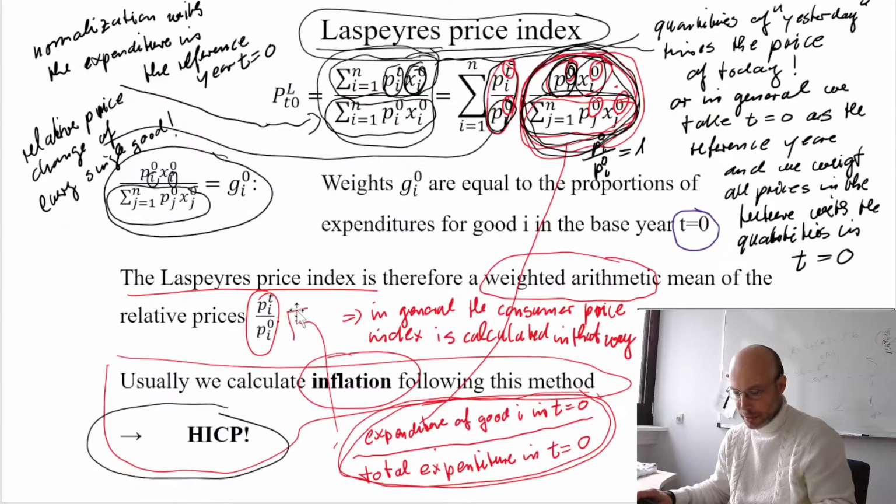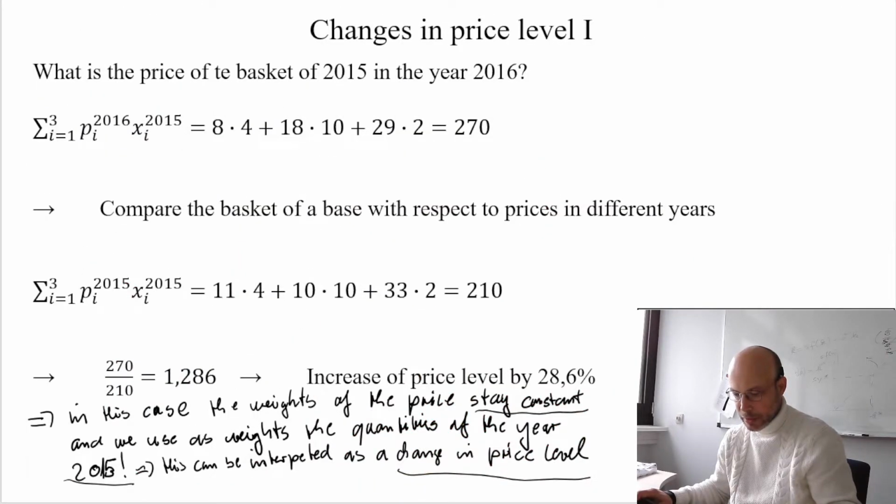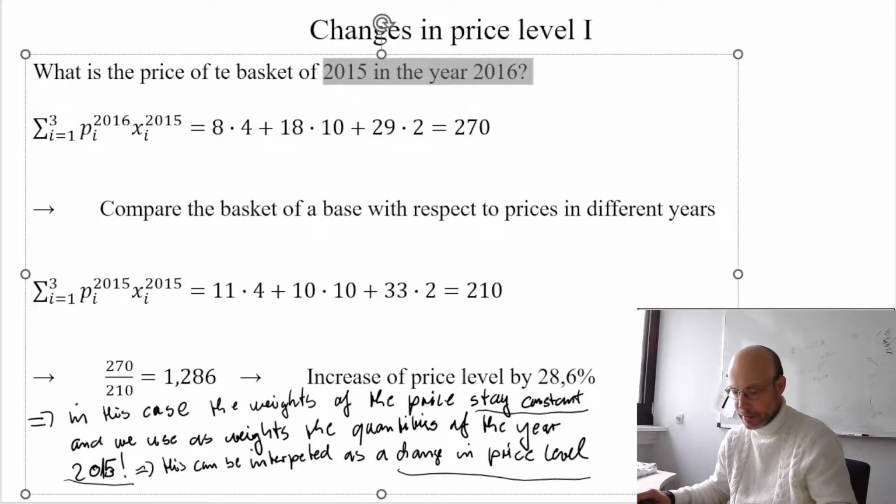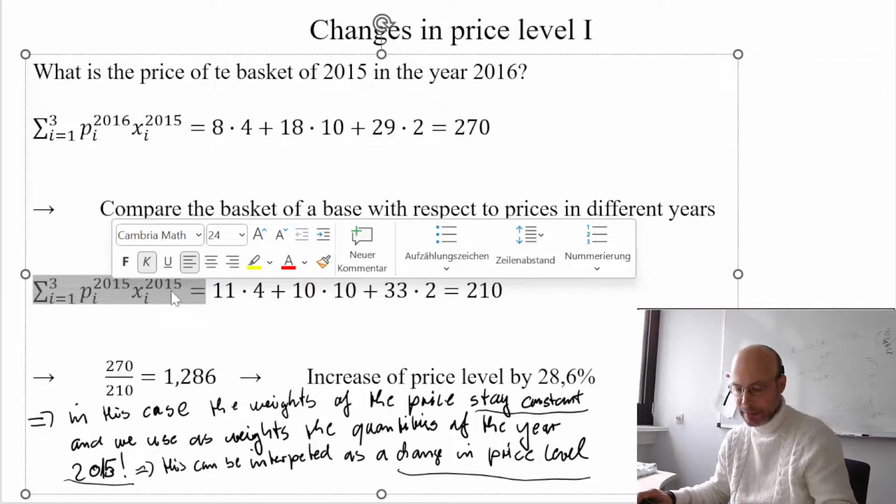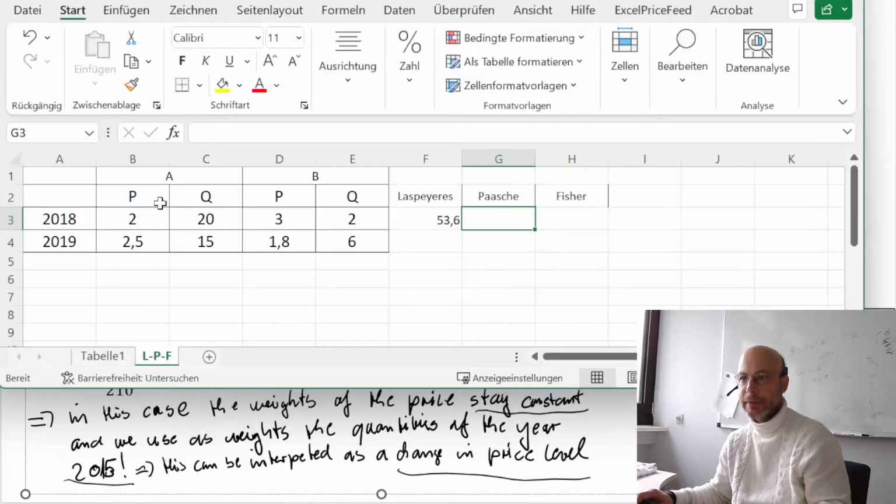So in the partial index, then we have, of course, to calculate this value of the basket we have just calculated relative to the basket where we calculate prices of the actual year times quantities of the actual year.